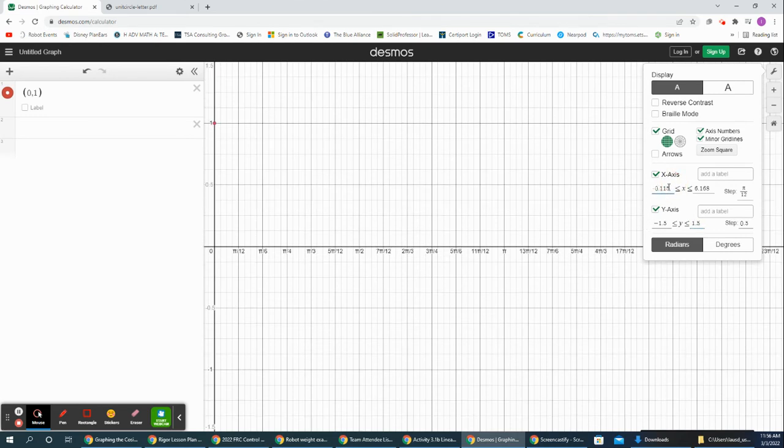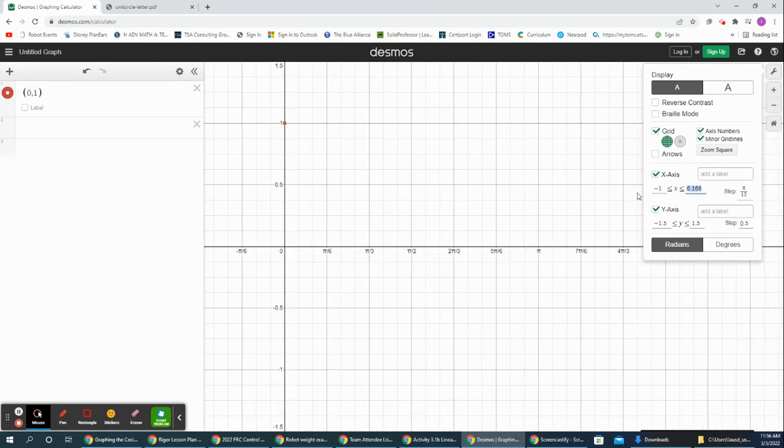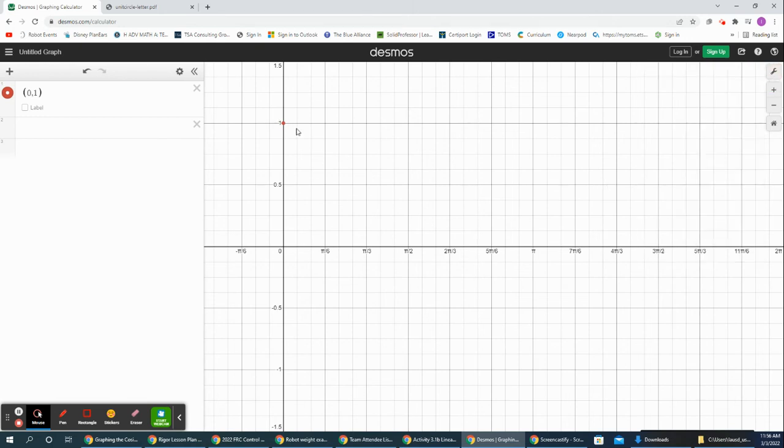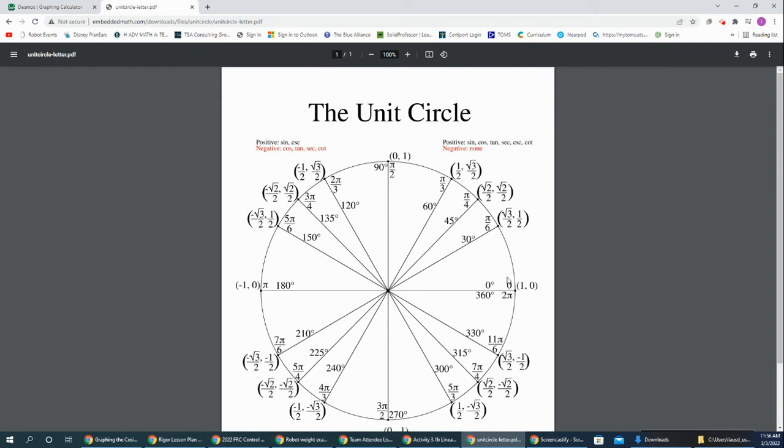But on the x-axis, let's make it from negative 1 to 2 pi. There we go. That way we could see our point. Okay, so now we said 0, 1. That was this one, right? 0 radians, we went to 1.